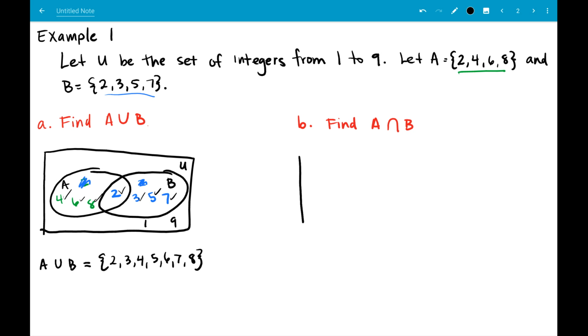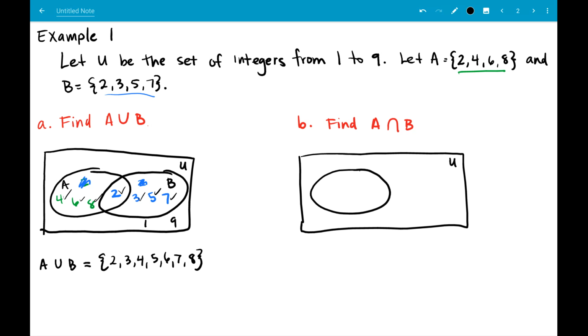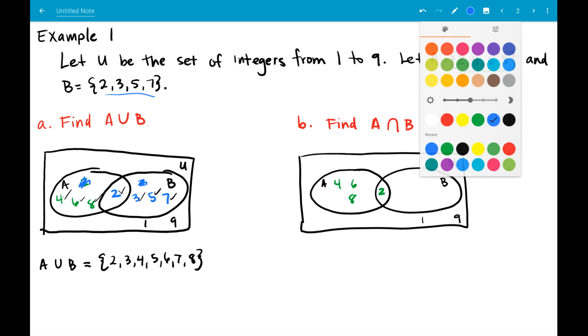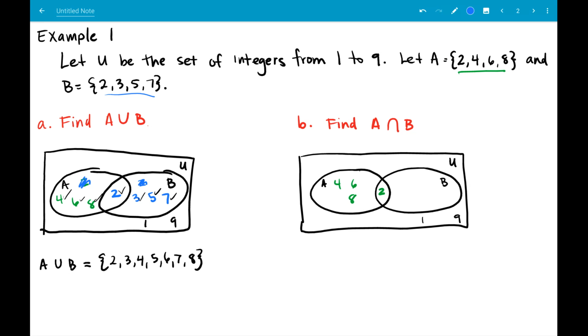Now, if I want to find the intersection of these, I know this is still set U. It's going to look exactly like what I had written over here. I've got 1 and 9 still hanging out here. My set A, I'll do it in green still. We know our 2 is shared, but we have 4, 6, and 8 in set A, and set B has 2, 3, 5, and 7.